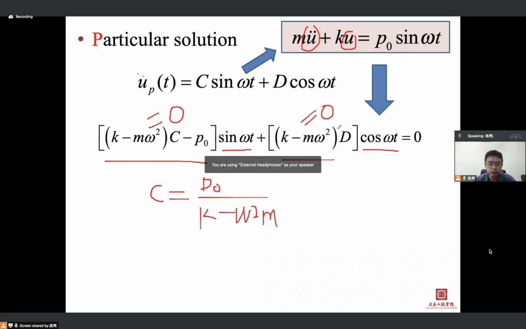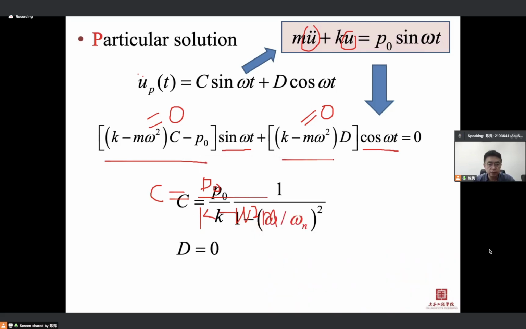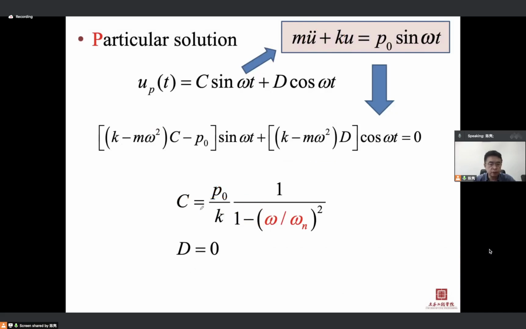So we got C and D. If we move K out and simplify, P0 over K is the static deformation: you have a load whose amplitude is P0 applied to a system whose stiffness is K, so this is the static deformation.